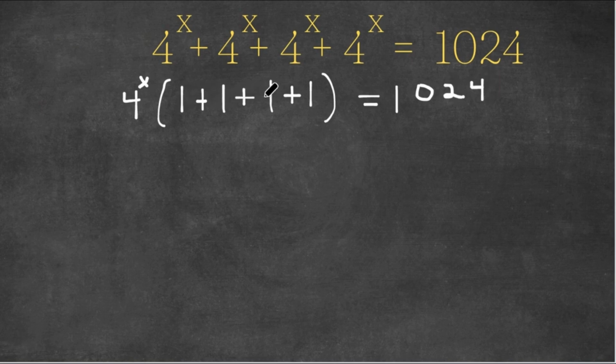Now 1 plus 1 plus 1 plus 1 is 4, and I'm still multiplying this with 4 to the power of x, and this equals 1024.